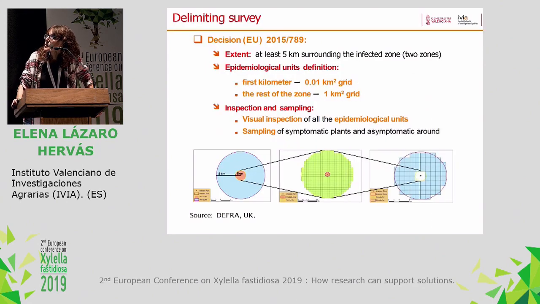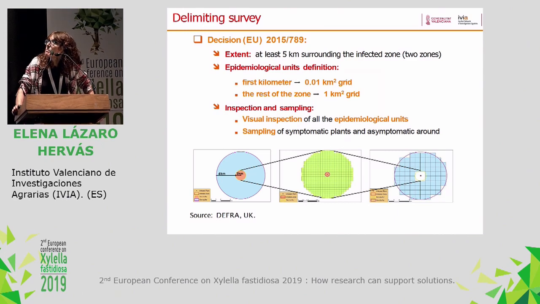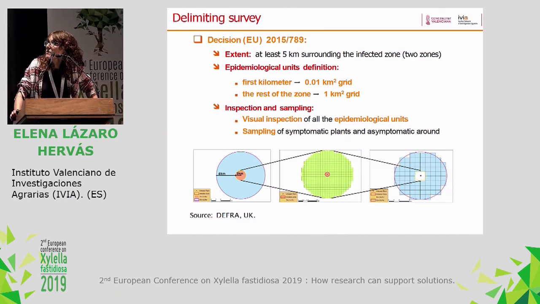Well, according to the decision in which Xylella fastidiosa measures are specified, the delimiting survey must cover an extent of at least 5 kilometers surrounding the infected zone. This area must be split in two zones according to different epidemiological unit size definitions.